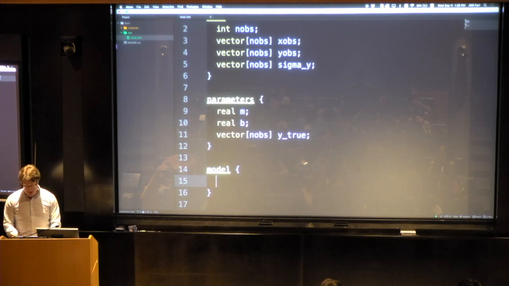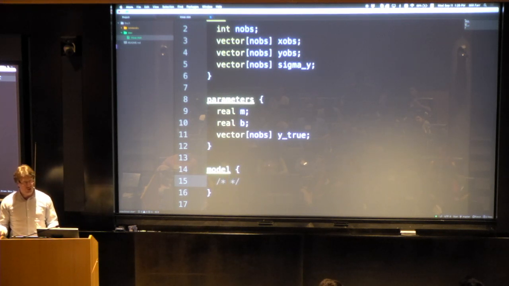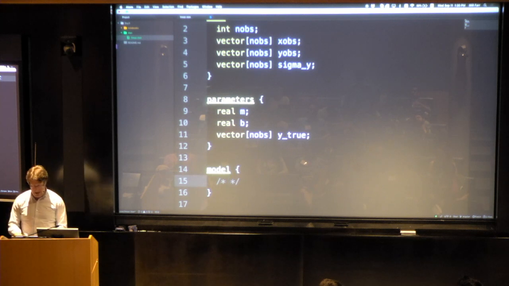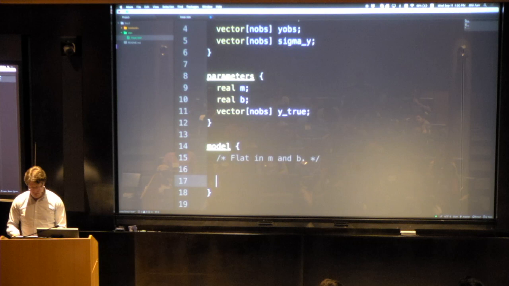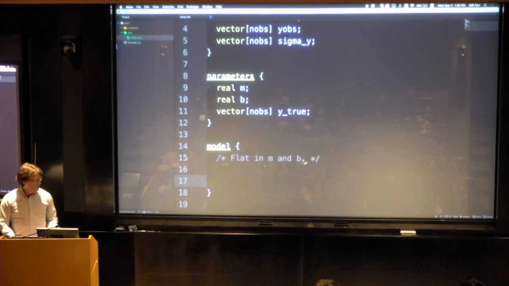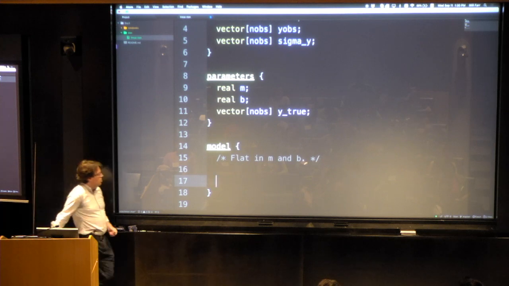Okay, so I'm going to just make a note. If I don't say anything, right, a flat density is just constant. So if I don't write down anything for the density for M or B, it's just flat. Okay. What about Y true?